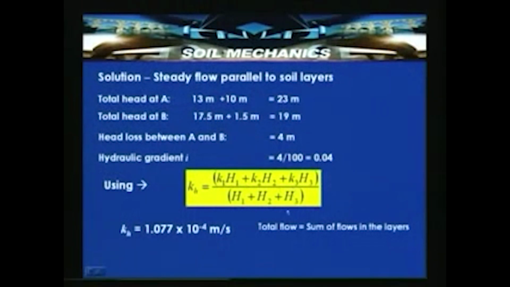Then the equivalent coefficient of permeability can be determined as 1.077 into 10 to the power minus 4 meter per second. So, this is how the solution has to be worked out for the case of a stratified soil having 3 different types of soils. What we have obtained is the equivalent coefficient of permeability for all the 3 sand layers given in the problem put together.